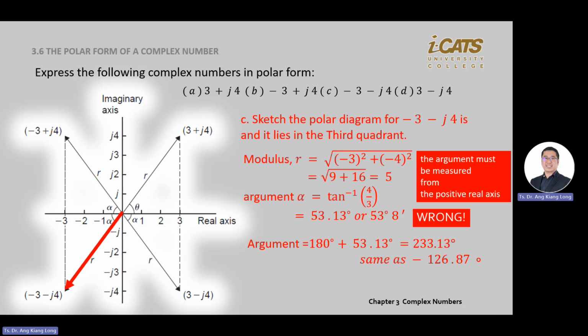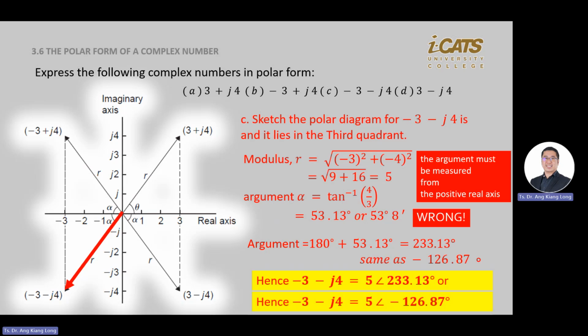Then you need to know what the question is actually asking. So there are two answers for quadrant 3: either positive 233 degrees or negative 126 degrees. Negative means you go clockwise, but for complex numbers, usually we go anti-clockwise from the real axis.